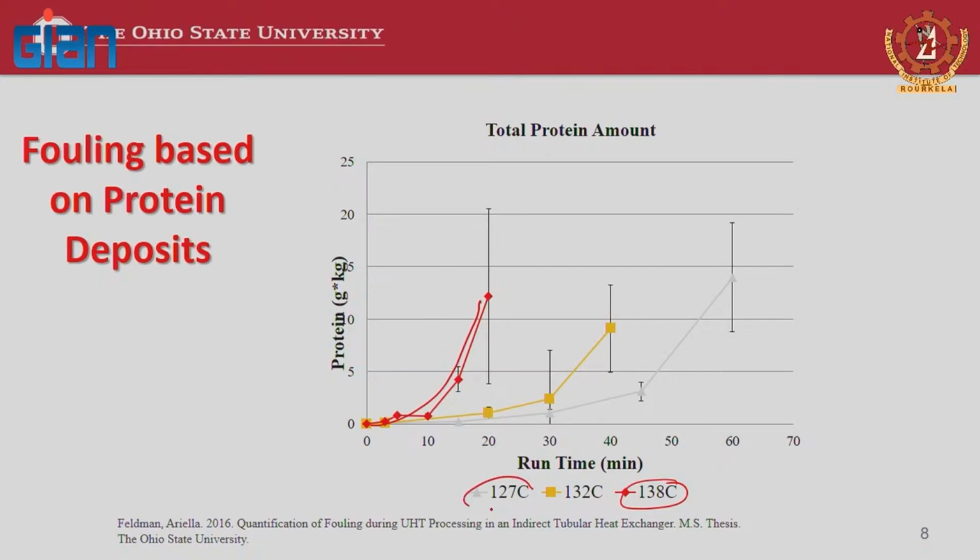Whereas, if you are processing at 127 Celsius, it takes almost 60 minutes to reach a similar level. So, the temperature at which you are processing and what type of proteins you have determine how much fouling you may have during processing.